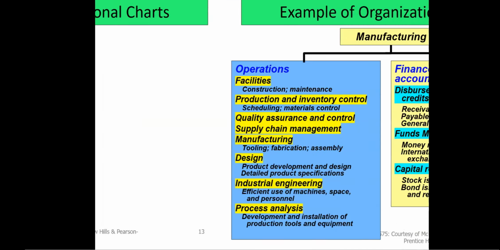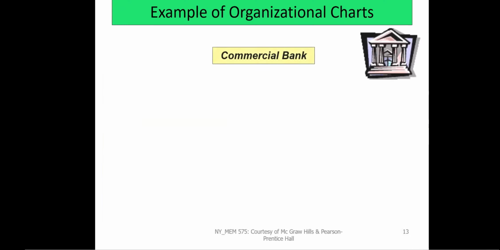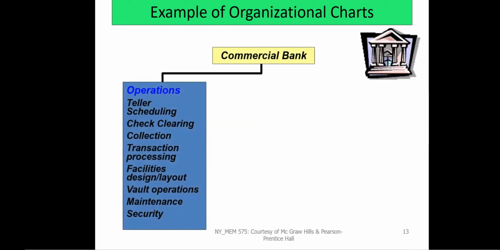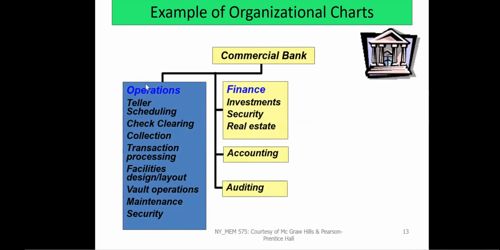Okay, let's look into service. We take the example of a commercial bank, for example Maybank or Bank Islam. They also have operations, which cover the tellers, all the people at the counter, and also the transaction process.